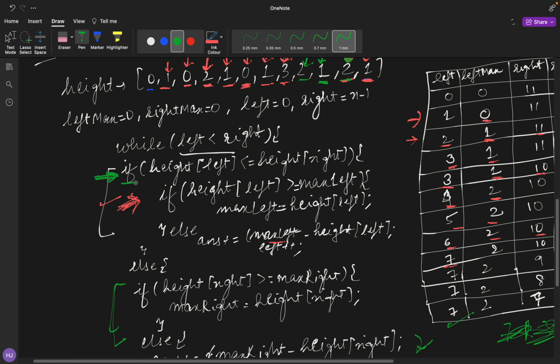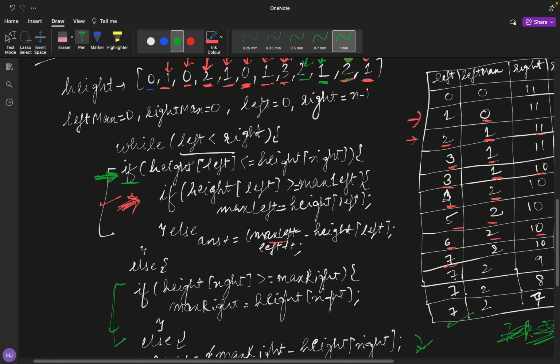But the main check over here is that we need to check that all the buildings to my right are taller. If my condition that my left height is less than or equal to right turns out to be true, it means that there exist some buildings on my right which are greater in height than the left one.